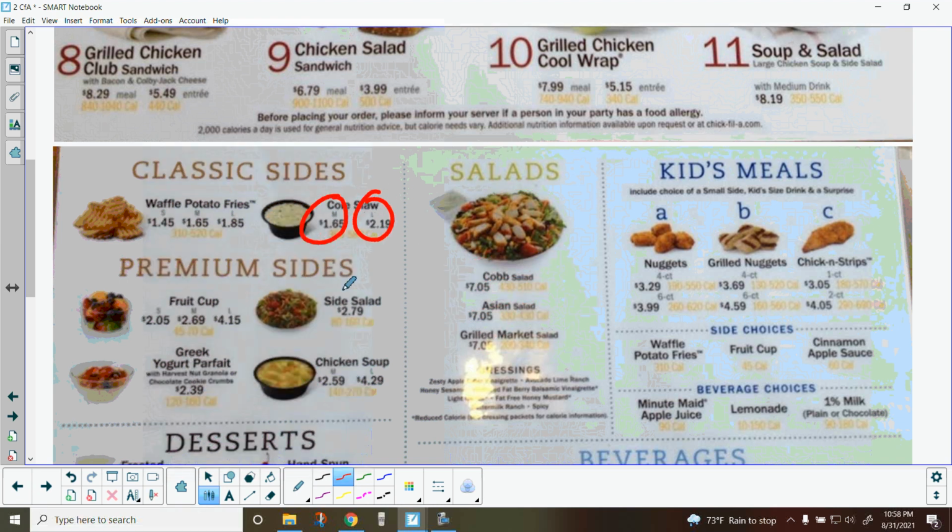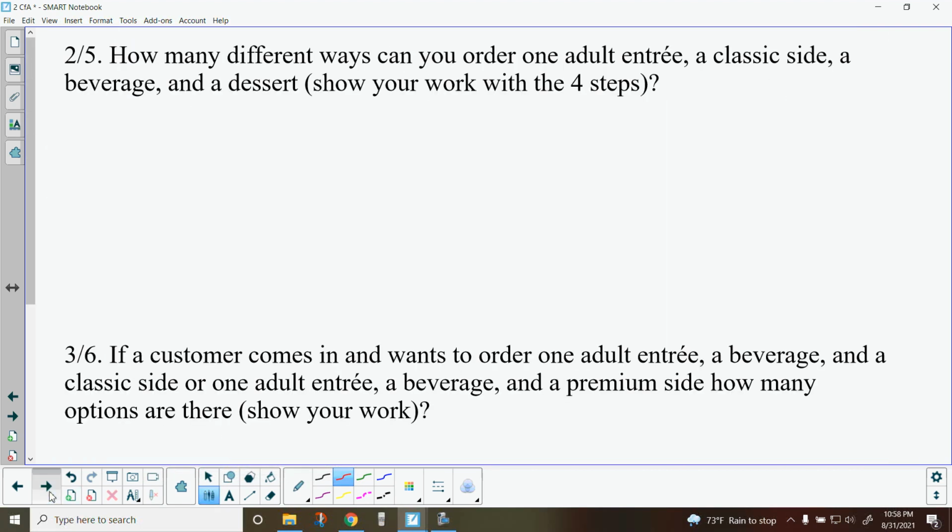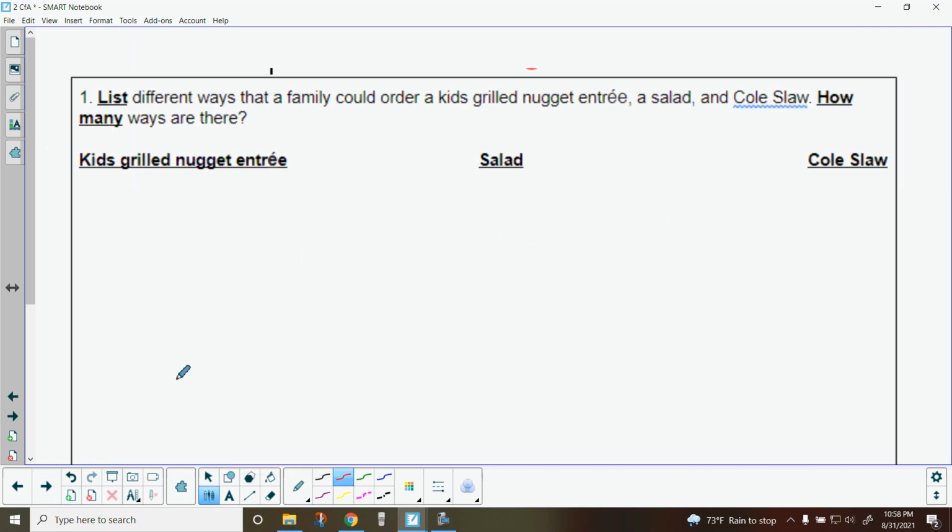Okay, so if we go back to my little workspace here, you would have the 4 count and the 6 count. Salads was the, what were they, Cobb? Let me go back and look at my notes.